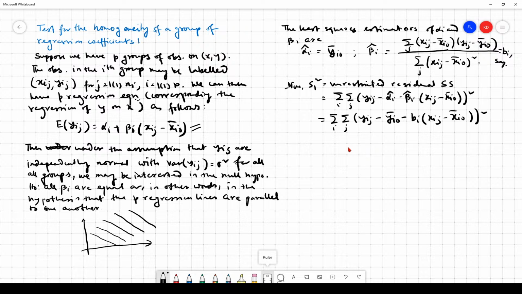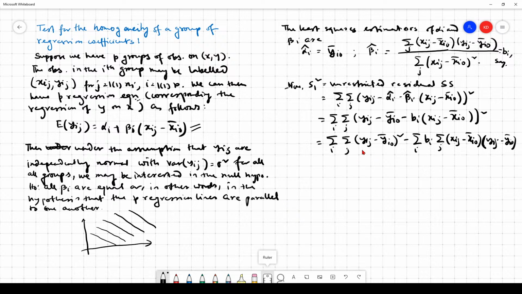So this is equal to sum over i, j of (yij minus yi naught bar) whole square minus summation i of bi times summation j of (xij minus xi naught bar)(yij minus yi naught bar).